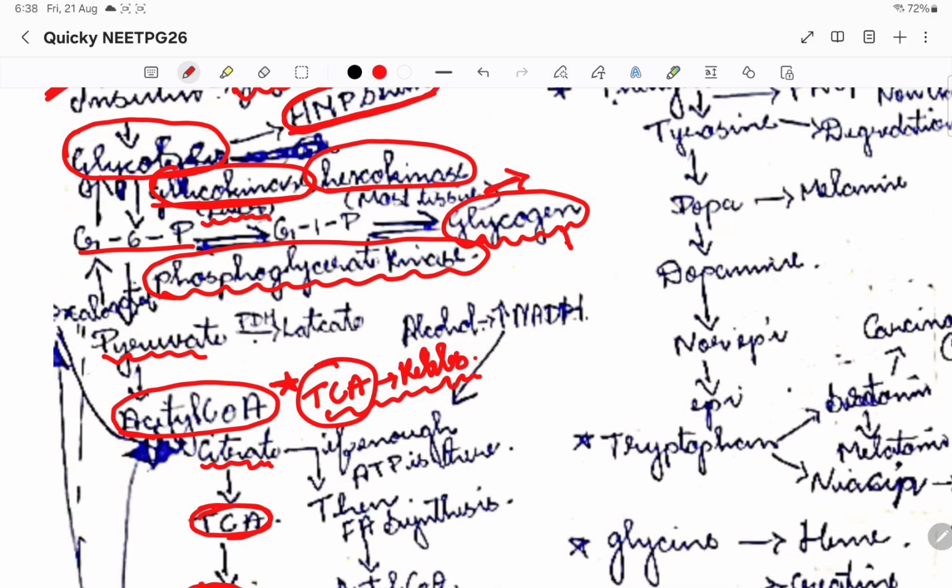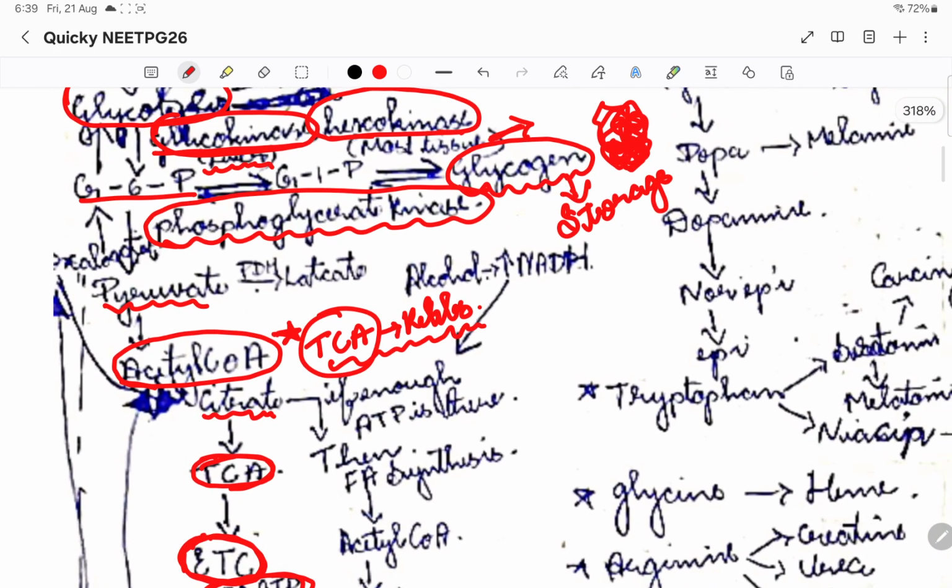This is the storage form of glucose. The reason why it is stored in the glycogen form is because it is complex. It can bind tightly and remain in the liver. Whenever required, it will convert into glucose again and be utilized for energy.